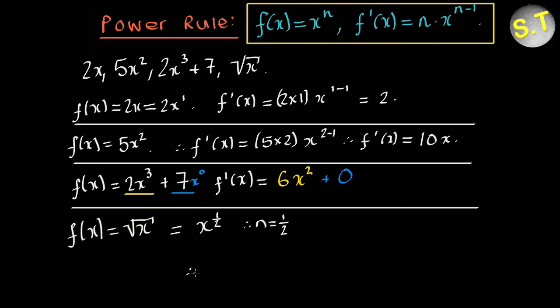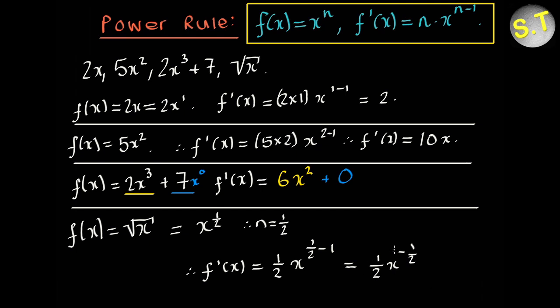So therefore, our first derivative, f prime of x with respect to x, is equal to n, so it's 1/2, times x to the 1/2 minus 1, which is exactly the same thing as 1/2 times x to the minus 1/2.